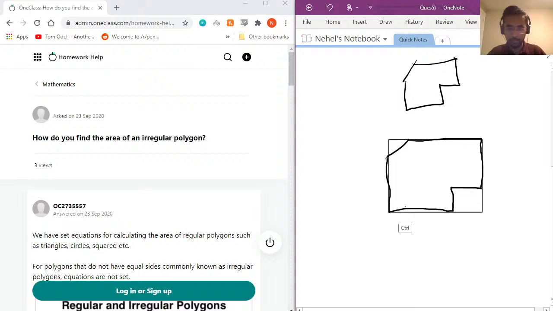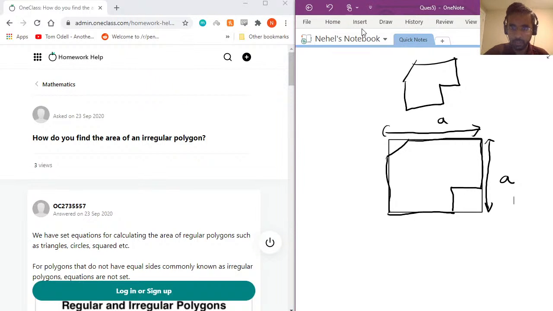Let me just redraw this final line. So this is my irregular polygon. Now if I wanted to find the area of this, let's say this is A, which is one side of the square which we draw, and this is also A, I can look at the area of this polygon. I'm going to quickly shade it in red.